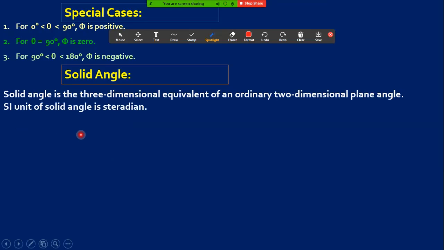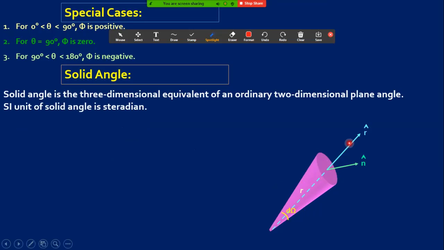Solid angle is defined here. Its unit is steradian. Let us suppose this is our direction of spreading of light.